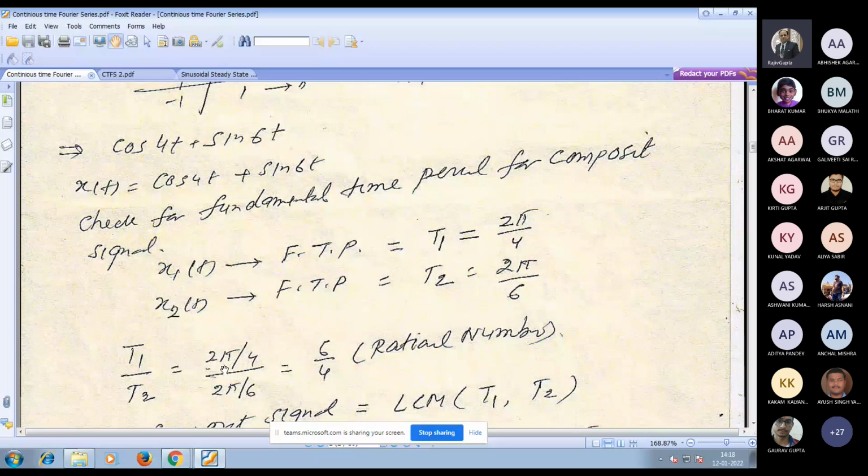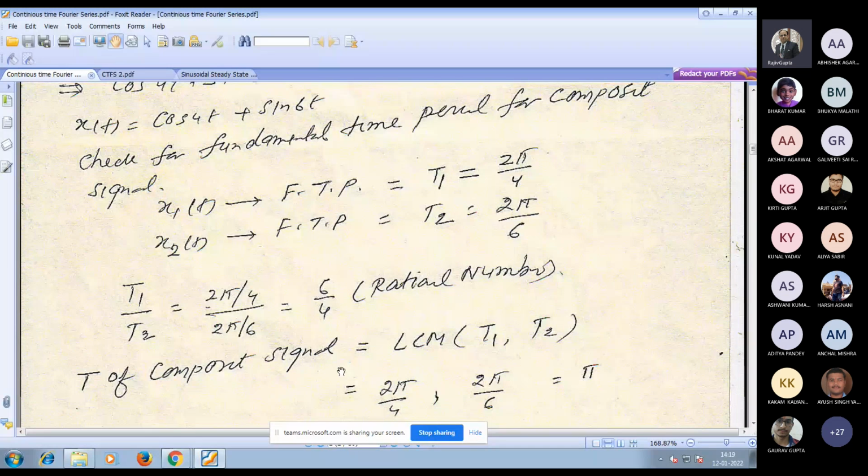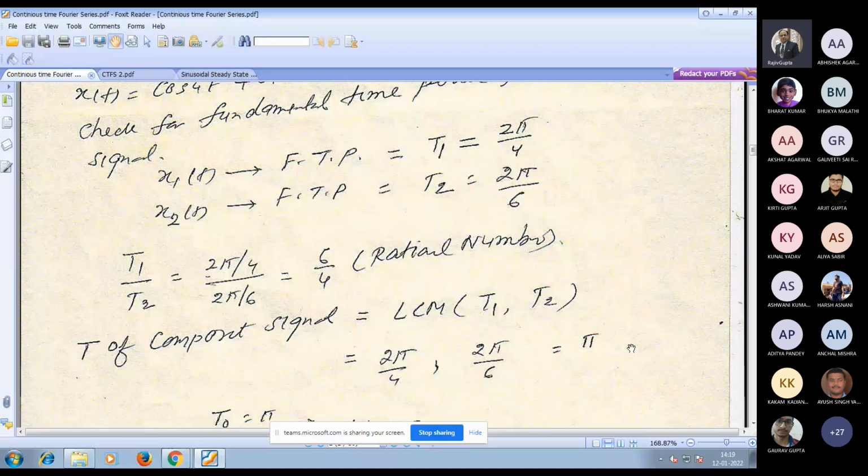The ratio of these two is 6 by 4, which is a rational number. The time period of the overall signal must be the LCM of T1 and T2, which comes out to be pi.